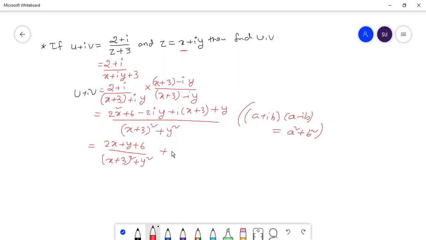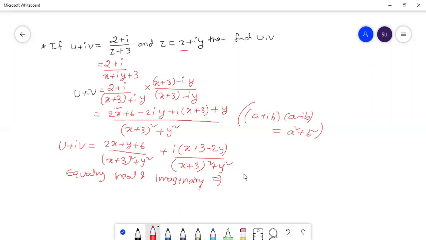Next take out the imaginary parts: i into (x plus 3, here it is minus 2y) whole divided by (x plus 3) whole square plus y square. This is equal to u plus iv, correct? Now equating real and imaginary parts.